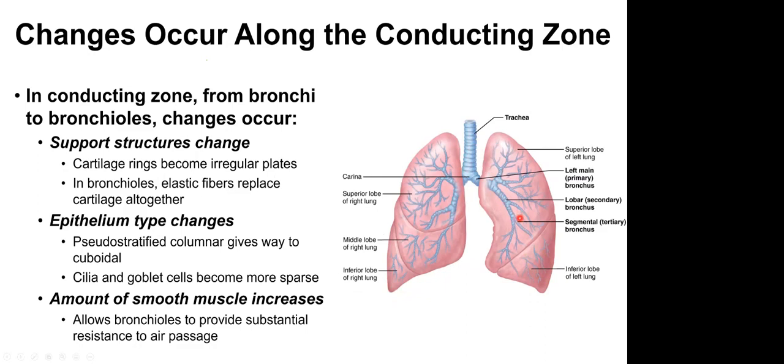And then by the time that we reach the bronchioles, the cartilage that used to be up here in the trachea gets replaced altogether by elastic fibers. Also, the type of epithelium changes as we move down the tree. So we start out with pseudostratified columnar epithelium that eventually gives way to, by the time we reach the bottom, cuboidal epithelium, and then squamous epithelium.